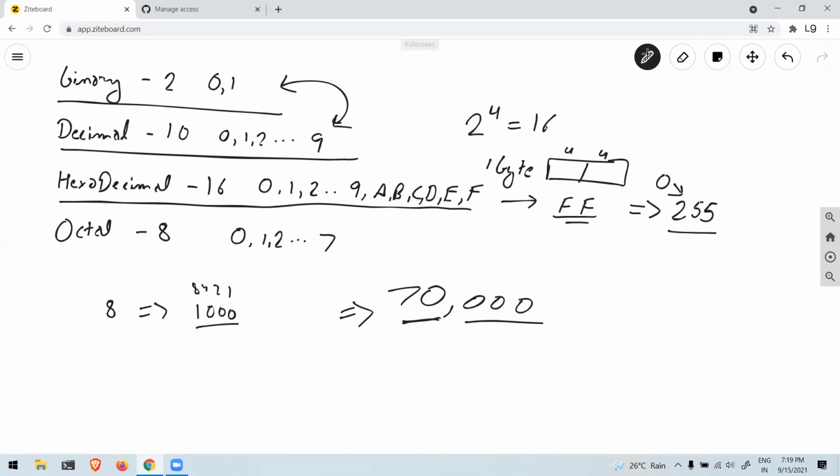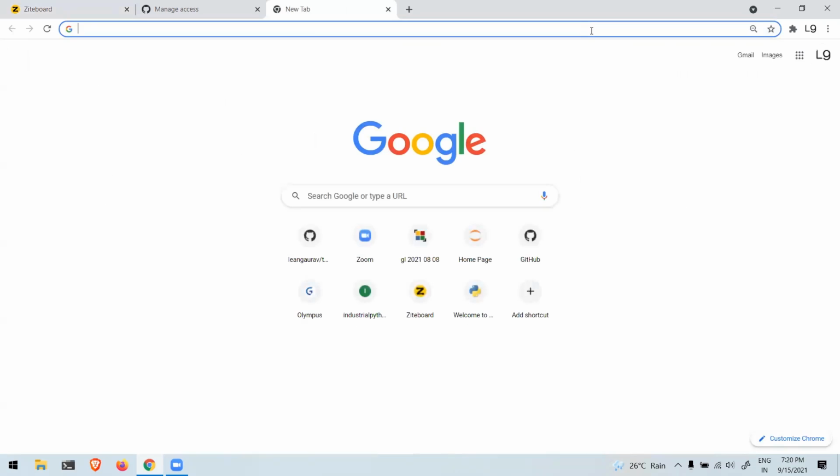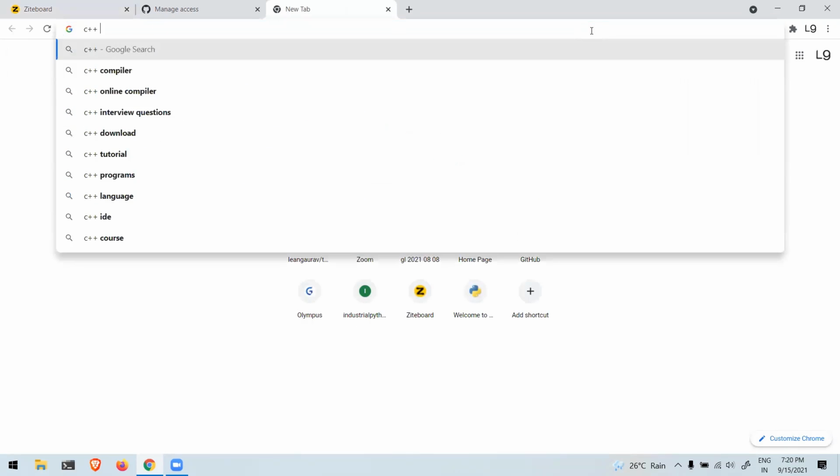Now the thing is, how do I decide how much memory is needed and what standards does the system follow for all that? So for that, I'll show you one quick thing. We'll talk in terms of other programming languages for the different data types and sizes, because in Python, things are somewhat different. We'll discuss that.